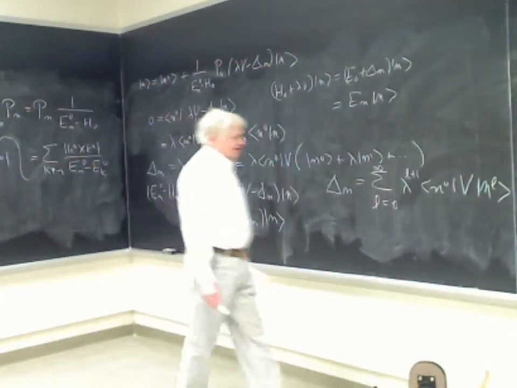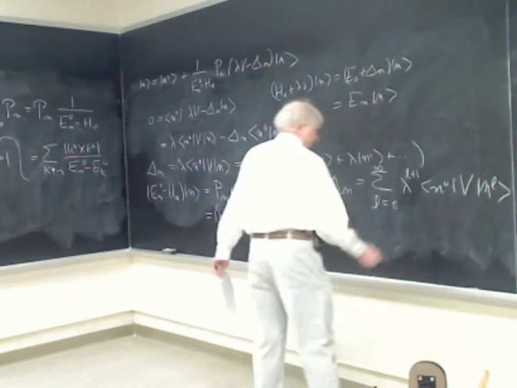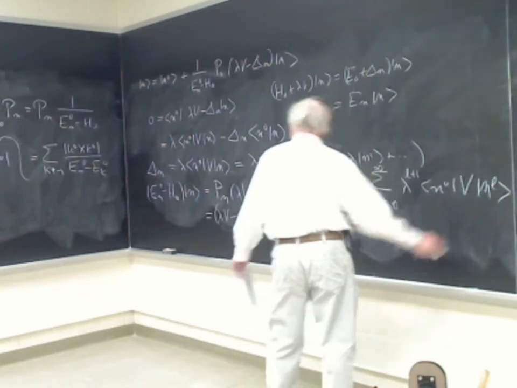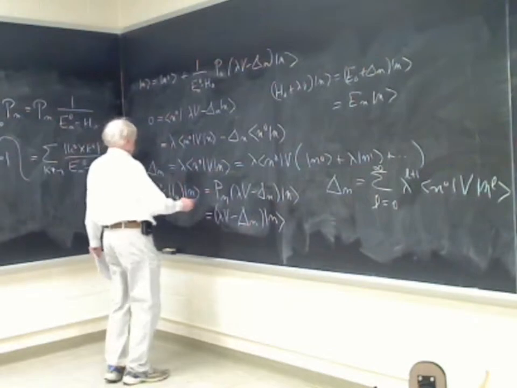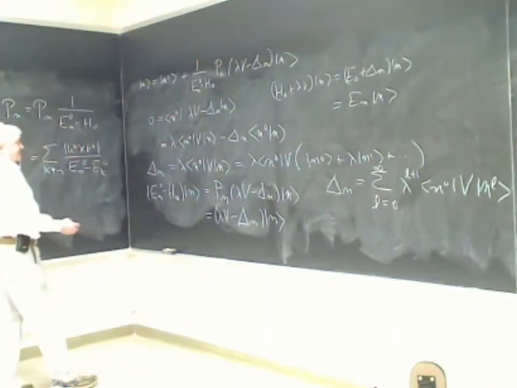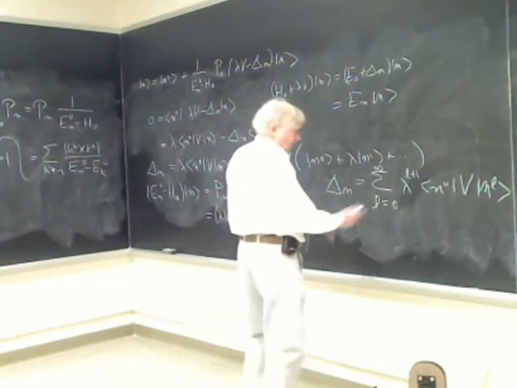Of course, it doesn't do us any good at the moment, except when we recognize that if you set L equals 0 here, then indeed that is the expression for the first order energy shift.